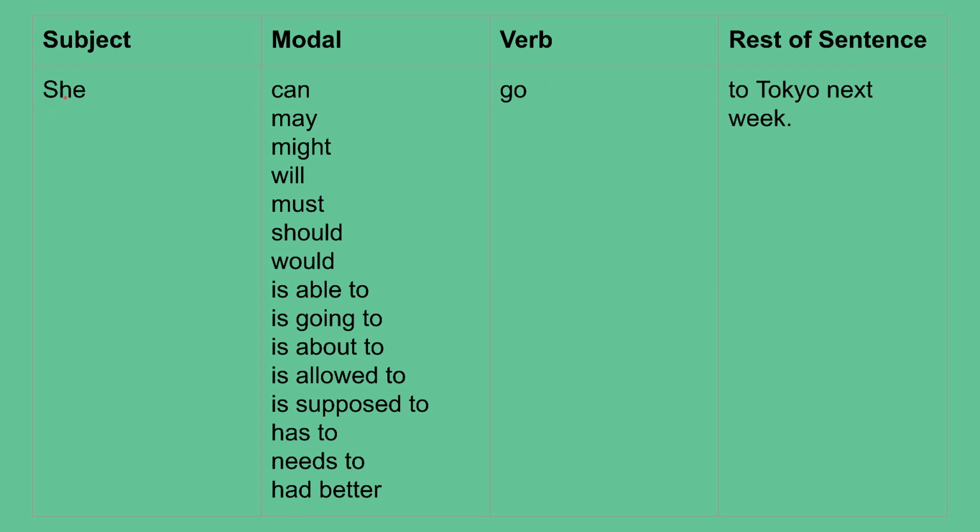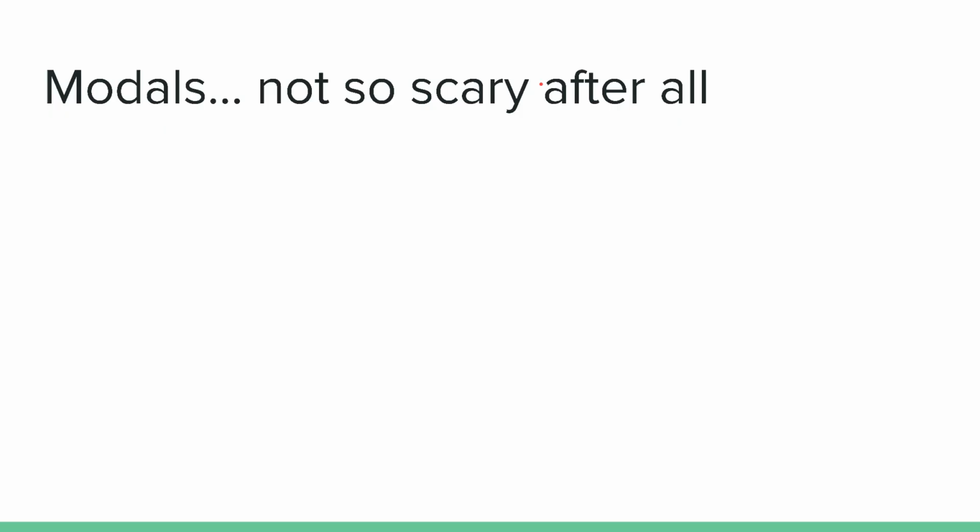So here in this example, she can go to Tokyo next week, right? Or she may go, she might go. She is able to go. She is supposed to go. She has to go, right? The modal always comes here, and the verb is always in this form. The verb doesn't change. So it's really easy, actually, right?